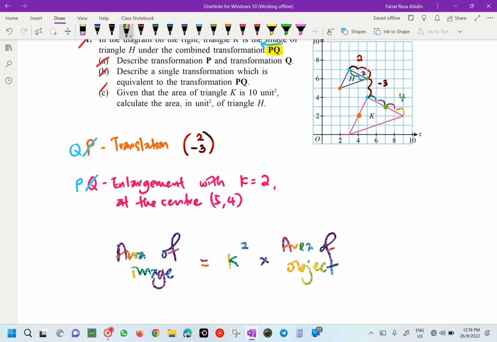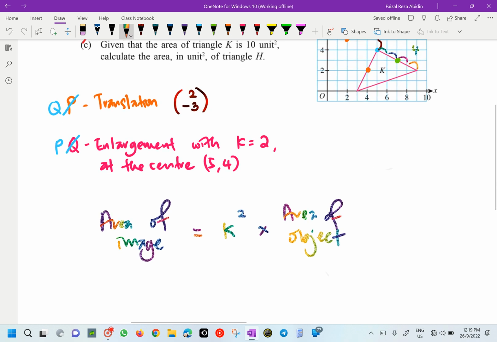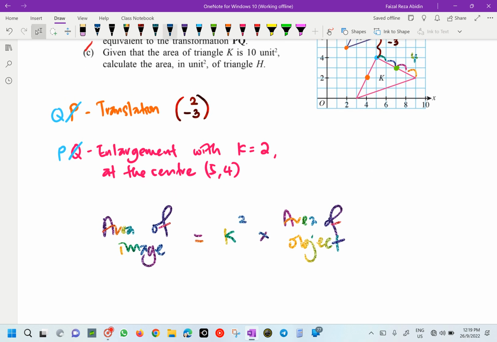Did we have our scale factor? Yes, we got k just now. So this is our image: 10 equals 2 square times. Did we have our area of object?